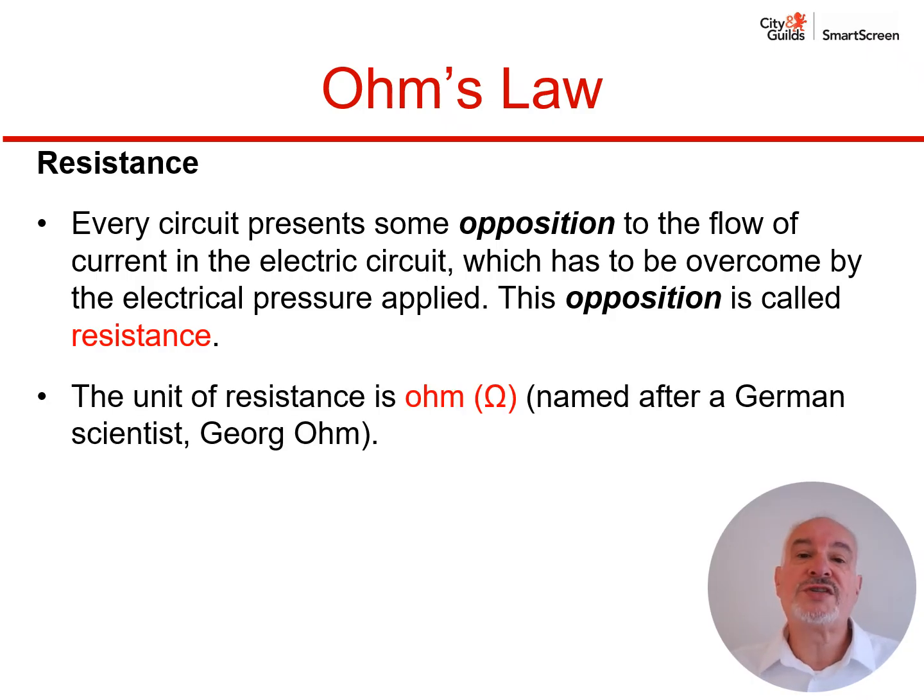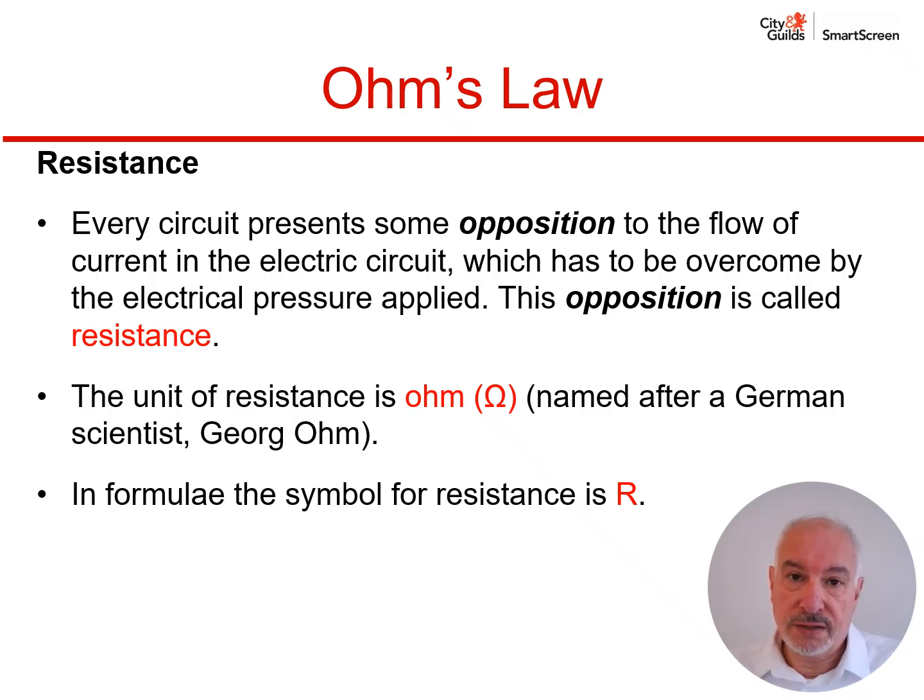Now the unit of resistance is the ohm, and you'll see a little symbol there, and it's the Greek letter omega, and we use that symbol as an abbreviation for ohm. The name itself, ohm, comes from that German scientist I mentioned, George Ohm, and the omega symbol is used simply because we run out of letters in the English alphabet, and so for some quantities we abbreviate using Greek letters.